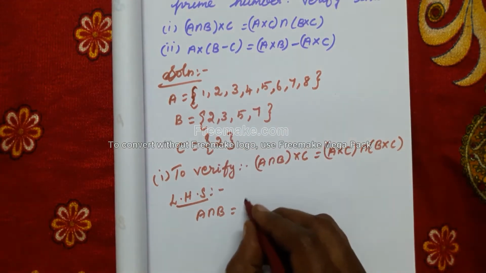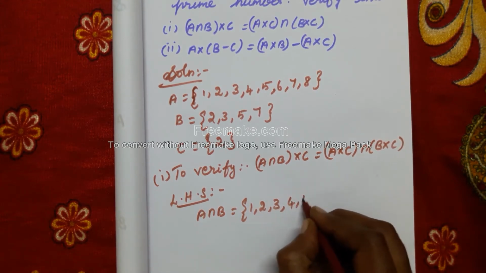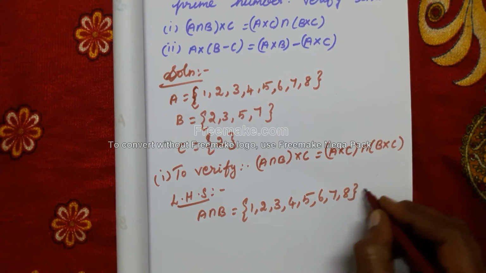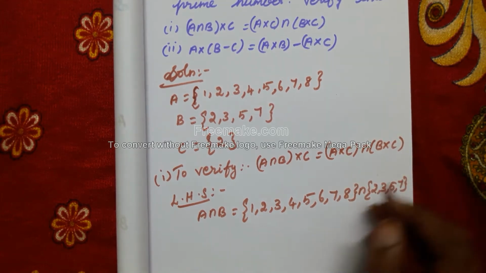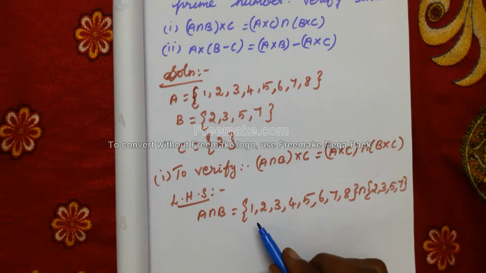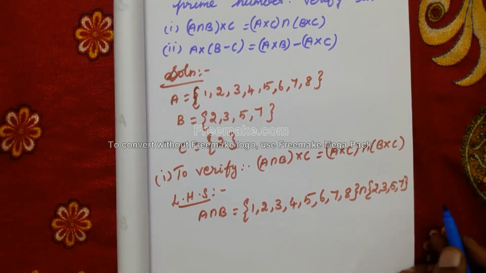What is A? 1, 2, 3, 4, 5, 6, 7. Intersection 2, 3, 5, 7. Okay. A intersection B is 1, 2, 3, 4, 5, 6, 7 intersection 2, 3, 5, 7.